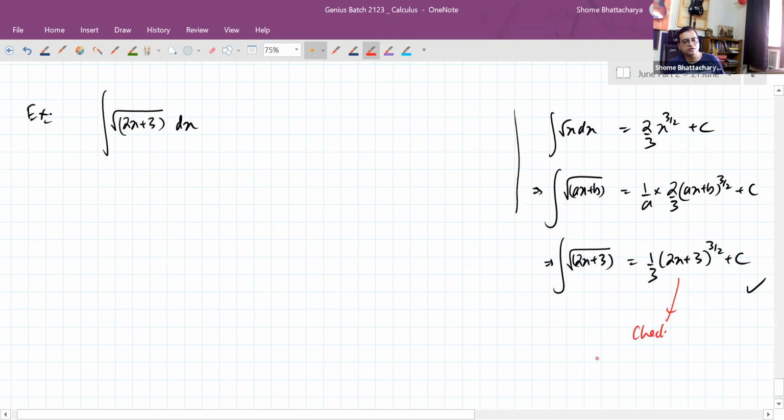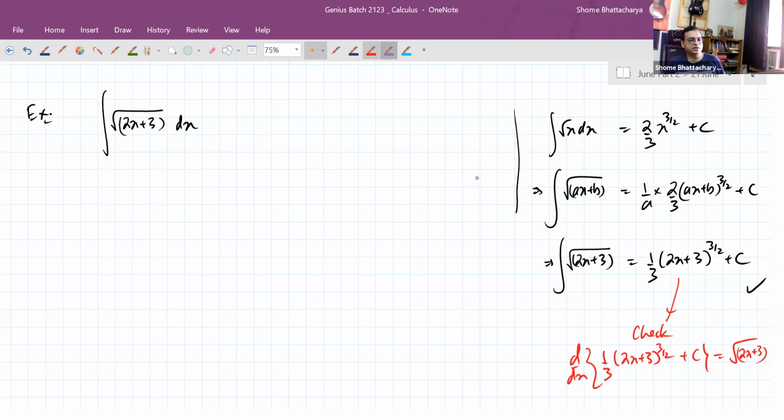You can check that differentiation of this term will give you this term. But let me do that step by step over here. Okay, so this is the direct formula.